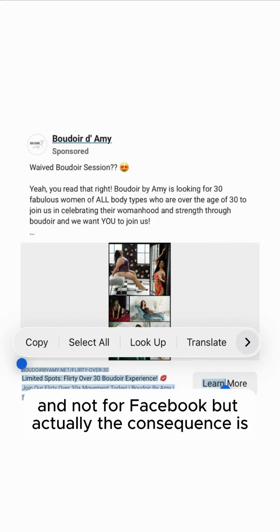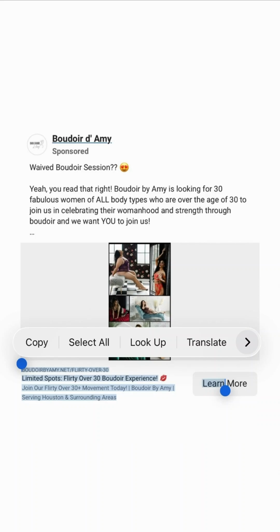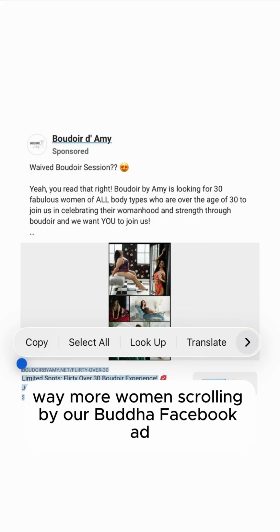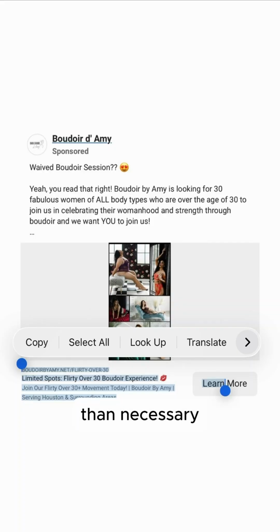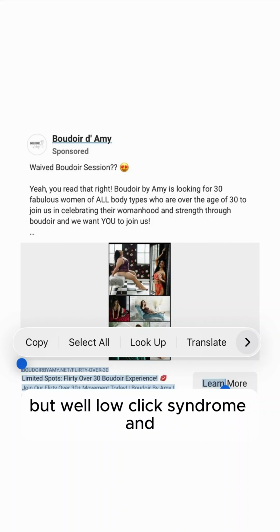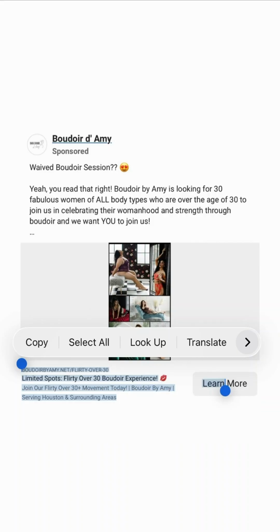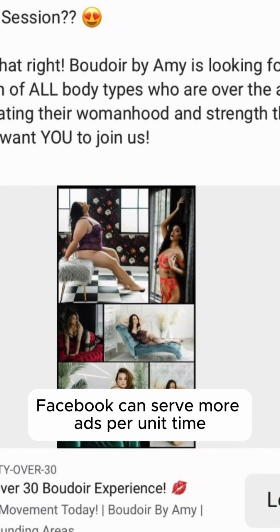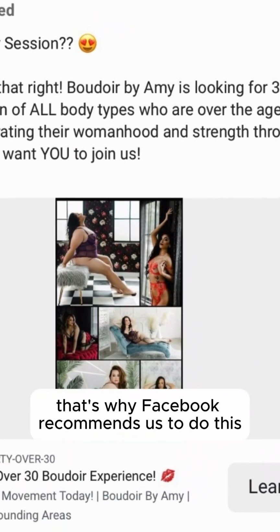But actually the consequence is way more women scrolling by our Boudoir Facebook ad than necessary, which pulls our unique CTR all under 6%, contributes to BLCS, Boudoir low click syndrome, and Facebook actually makes more money per unit time from this because more women scrolling faster, Facebook can serve more ads per unit time. That's why Facebook recommends us to do this.